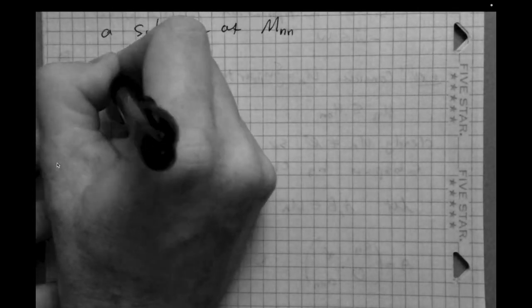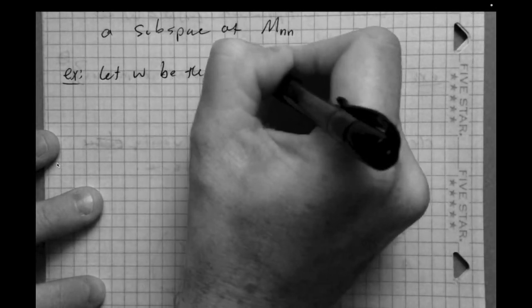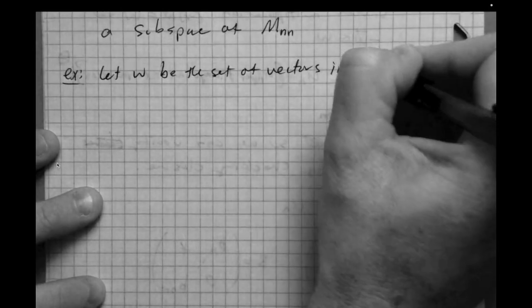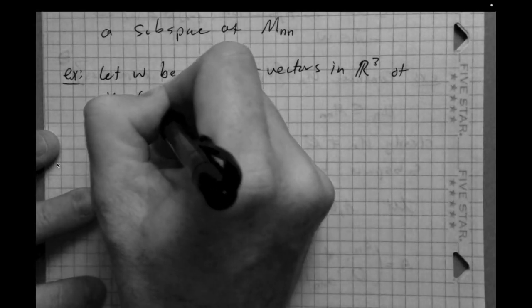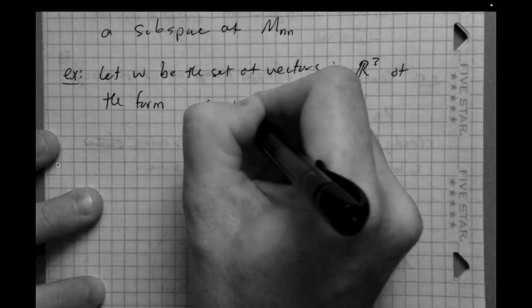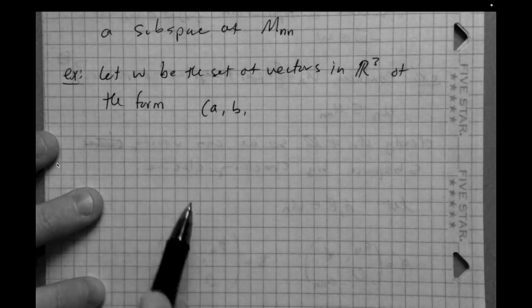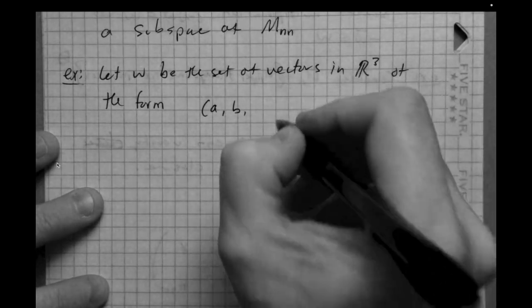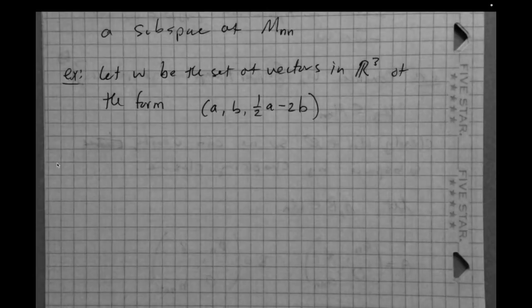Let W be the set of vectors in R3 of the form A, B. So the first two components can be anything under the sun, but then the third component would be 1/2 A minus 2 times B. Okay, so basically the third component is half the first component minus twice the second component, right?